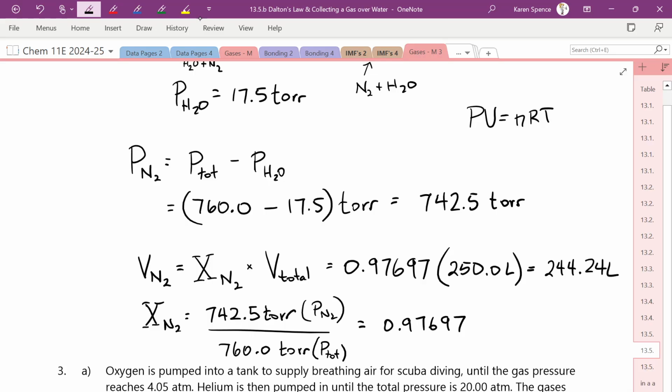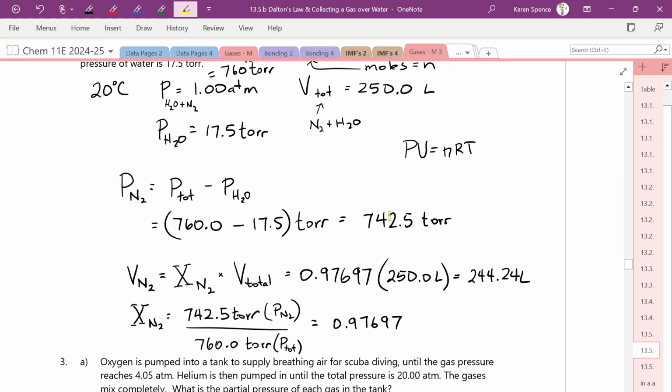We now have pressure of nitrogen, we have volume of nitrogen, and we have the temperature, and we have R, and we could solve for n and then solve for grams. Is that good? Okay, we'll leave it there.